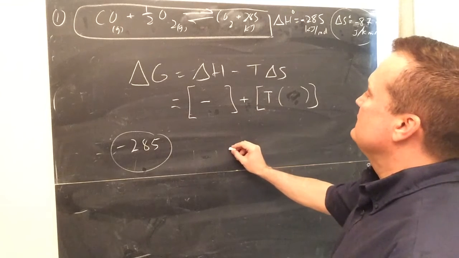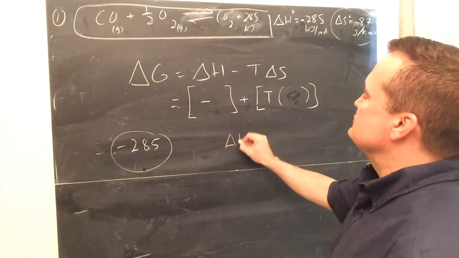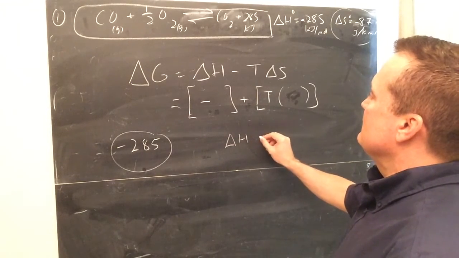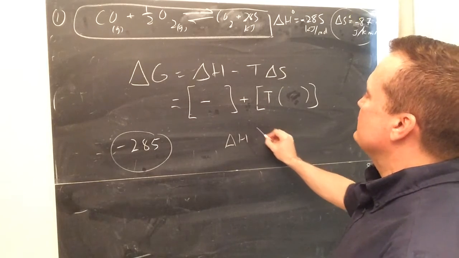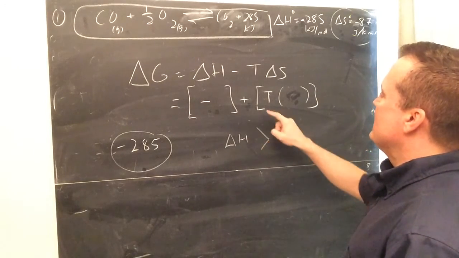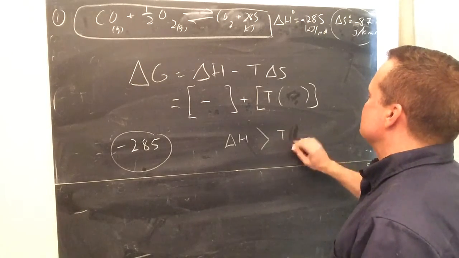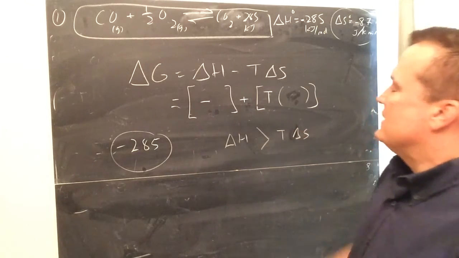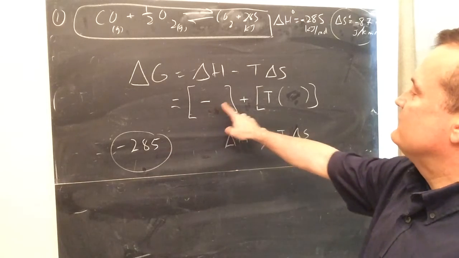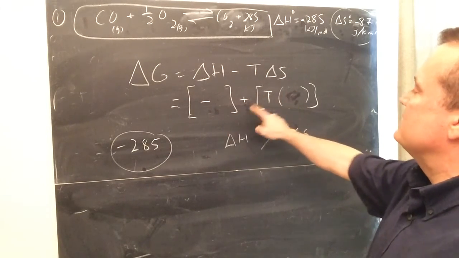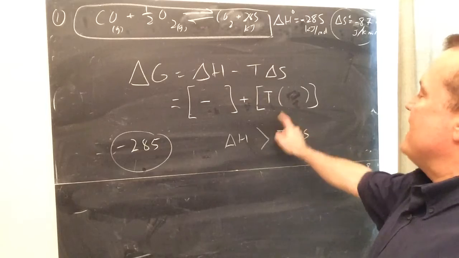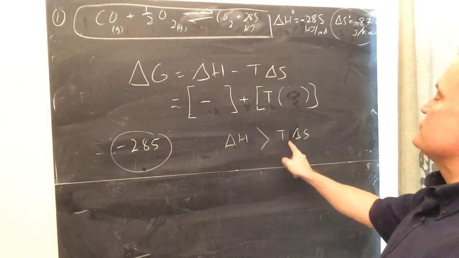So we know that the delta H term is greater than the T delta S term. We know that because since the overall number is negative, then when you subtract, since it's minus, the magnitude of this is larger than that.